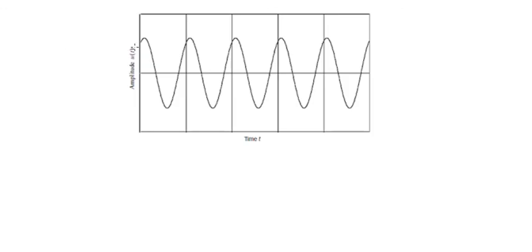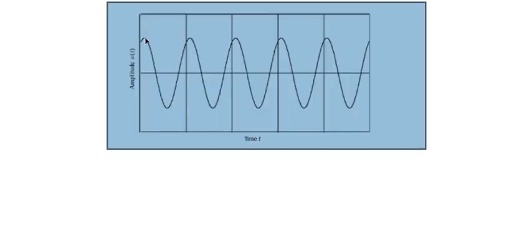As I told, the equation will be continuous in nature. The x-axis represents the time, and the y-axis represents the amplitude or displacement. Initially, the displacement will be known by considering a sin omega t.